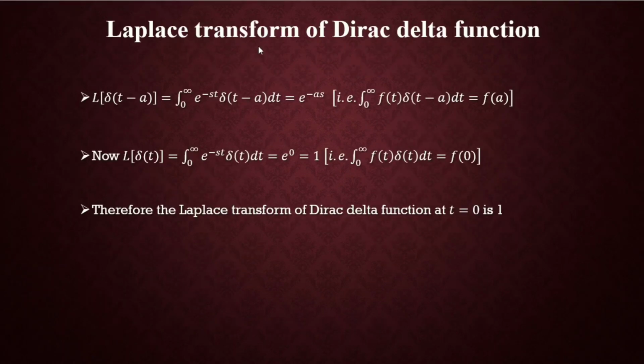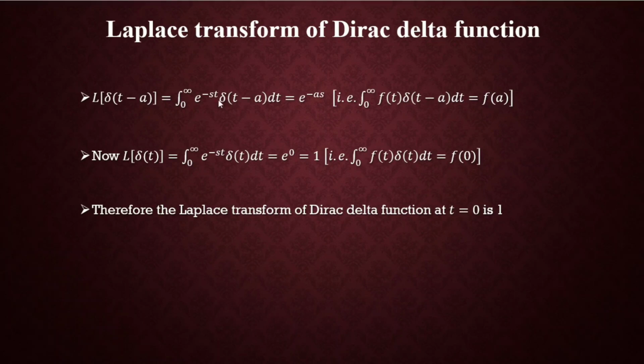Let's see how we can find out the Laplace transform of the Dirac delta function. We know that the Laplace of f(t) is equal to the integral from 0 to infinity of e^(-st) f(t) dt. Therefore, the Laplace of δ(t - a) is equal to the integral from 0 to infinity of e^(-st) δ(t - a) dt. Now we know that the integral from 0 to infinity of f(t) δ(t - a) dt is equal to f(a).